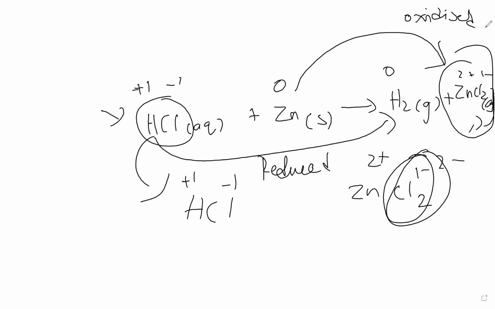It's not the one that is oxidized itself; instead, it causes the oxidation. So the one that is reduced is the oxidizing agent, and the one that is oxidized is the reducing agent. In that sense, H is reduced, so it should be the oxidizing agent. And Zn is oxidized, so it should be the reducing agent.